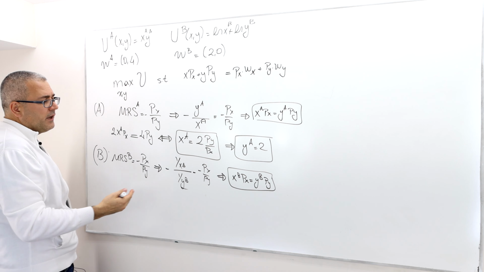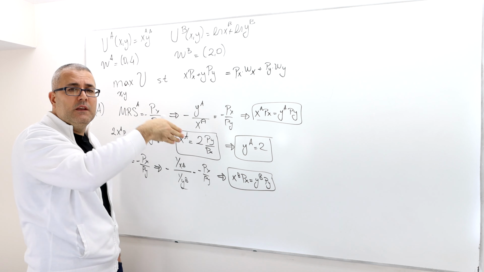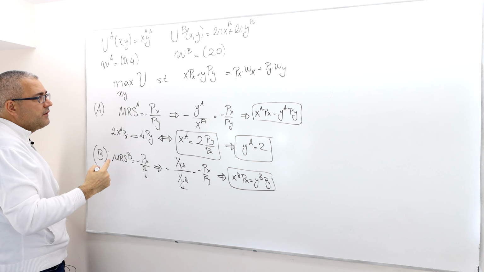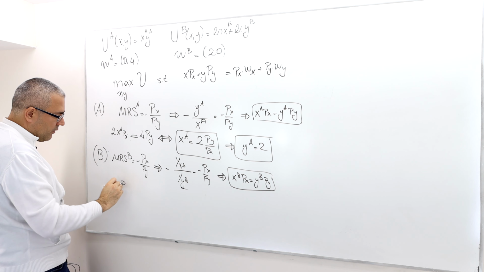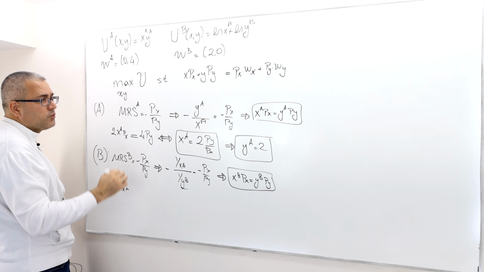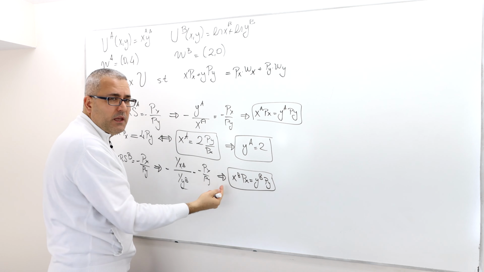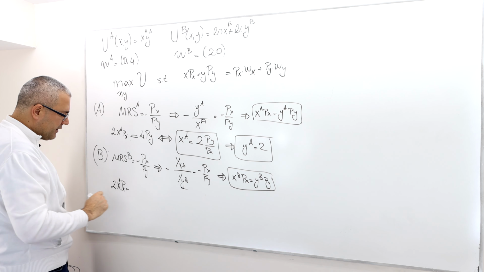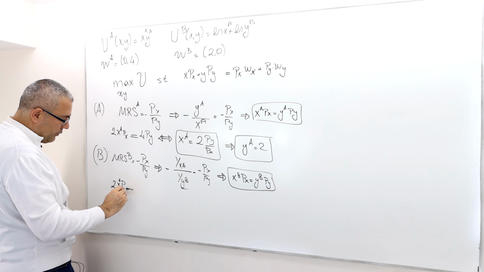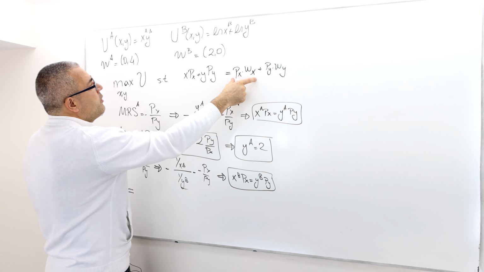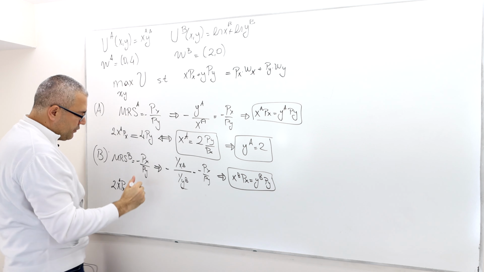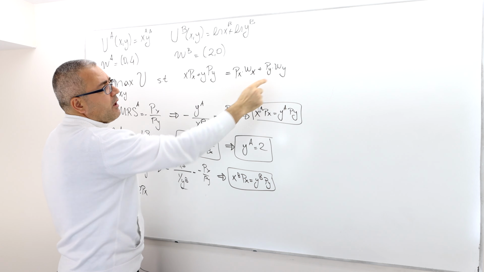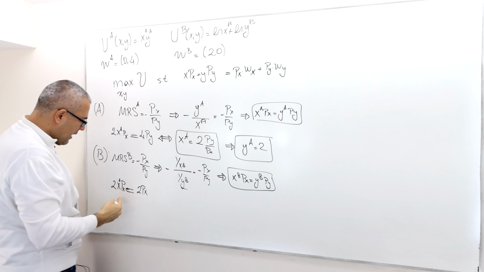Well, what am I going to do next? I'm going to plug this into agent B's budget constraint. So it is XB PX plus YB PY, but again YB PY is equal to XB PX, so I'm going to have 2 XB PX equals, the WX for agent B is 2, so it's 2PX plus WY is 0, so the PY term will vanish.